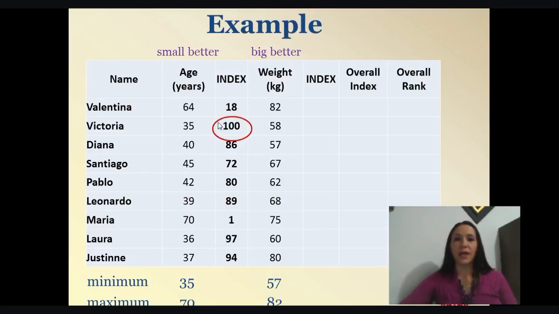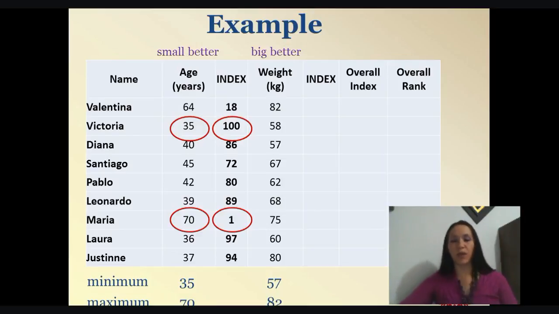Well, the youngest person has the highest index, and the person that is the oldest has the lowest index. So that is one of the things that I can analyze when I am doing my matrix, in order to see if the calculation is good or not.